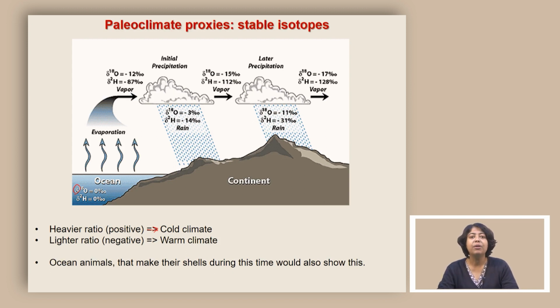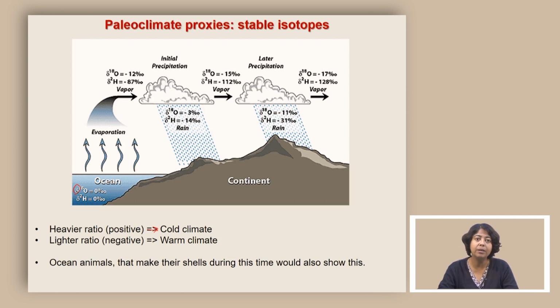The answer is very rarely do we find that water, but what we find is animals which used that water to create their shells. Ocean animals often make their shells out of the elements that are already in the ocean, and therefore, they basically take this isotopic signature with their shell.